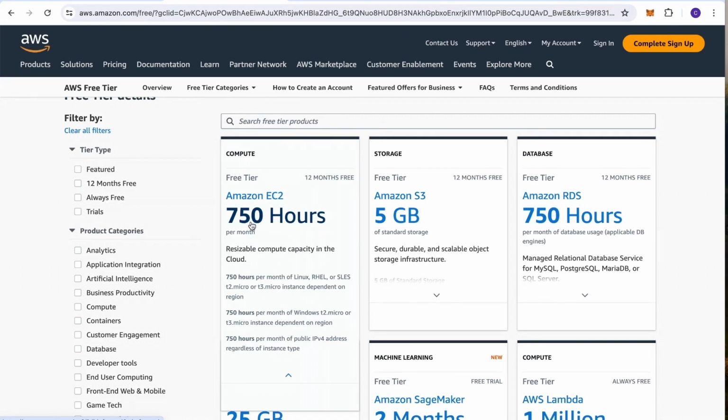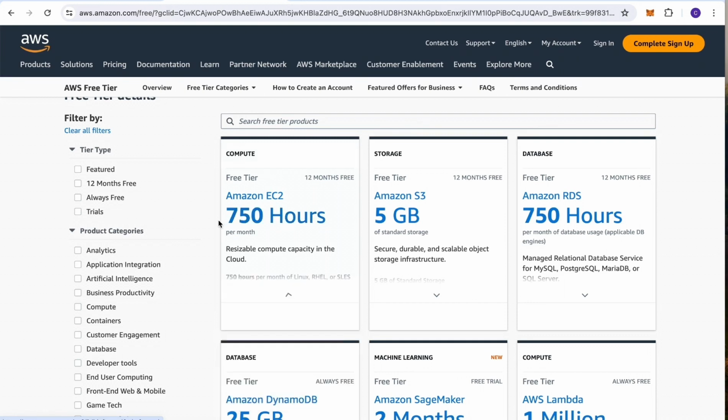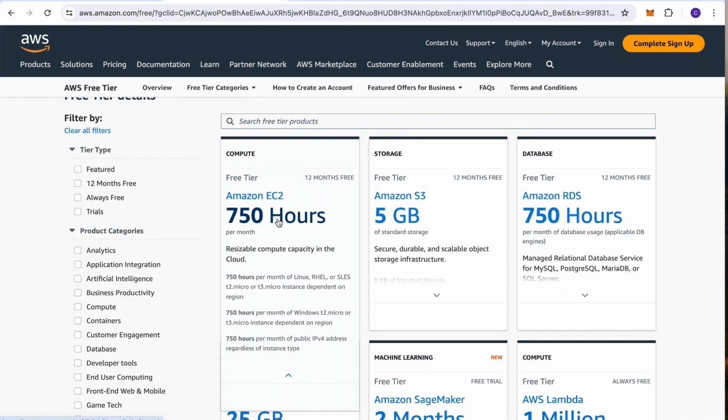But if you spin up 2 EC2 instances, it's going to share or divide the 750 hours between the 2 instances. If you spin up 3 instances, it is going to share the 750 hours among the 3 instances. That means that it will not be up to a month. So this is what I realized when I was using the free tier system for AWS.